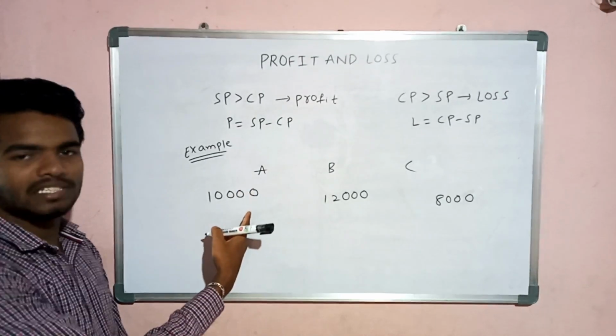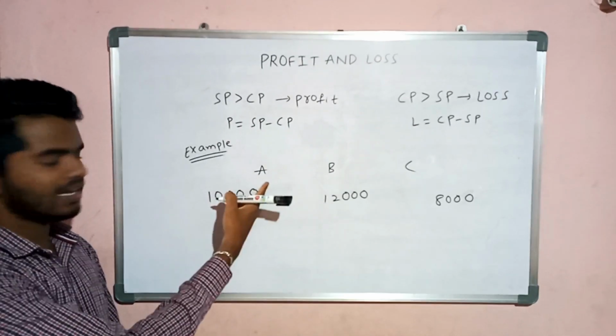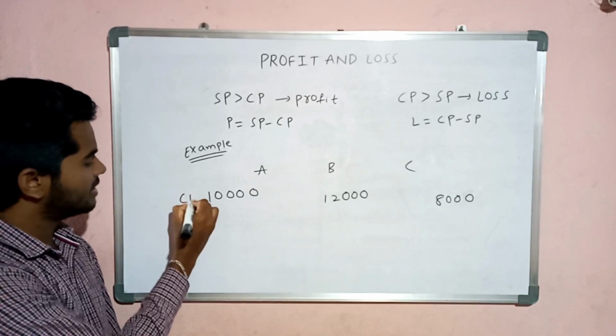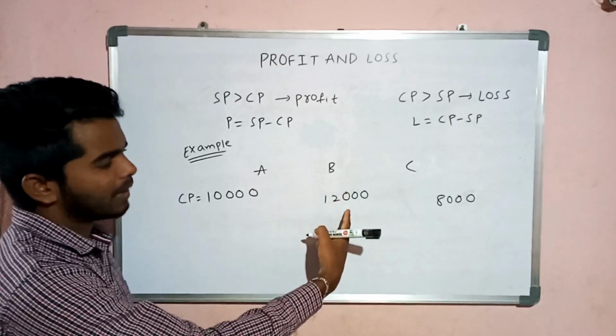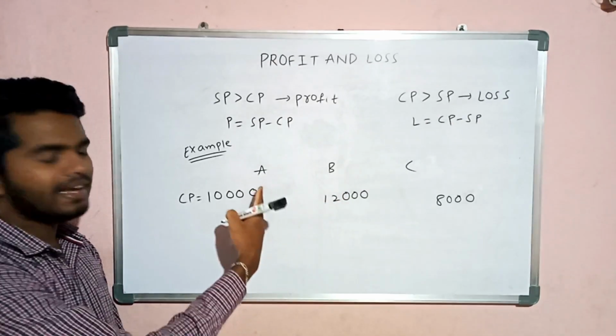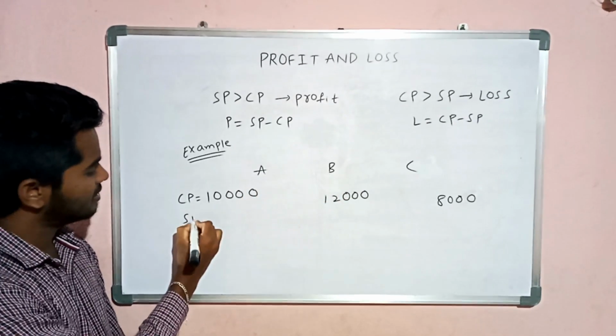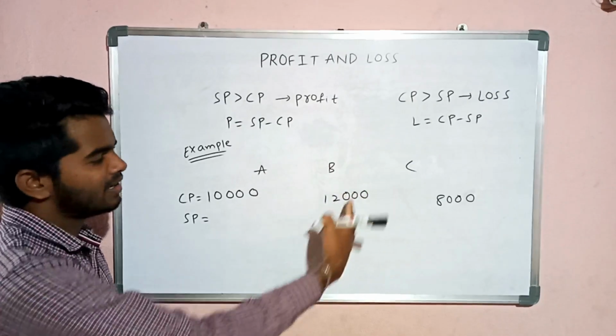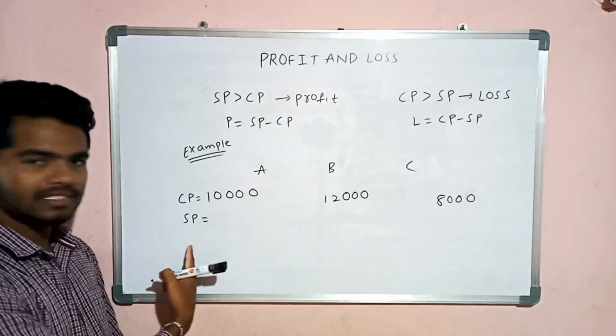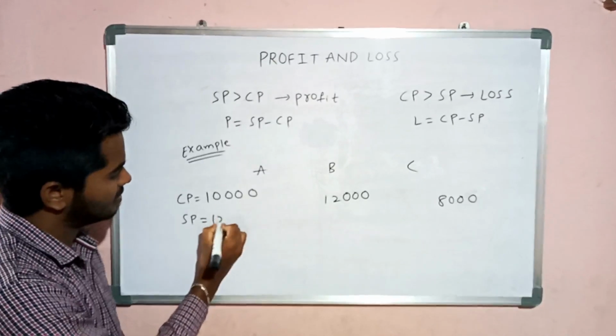A purchased the article for 10,000, so A's cost price is 10,000. A sold to B for 12,000, so A's selling price is 12,000.